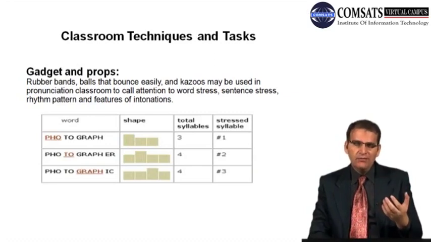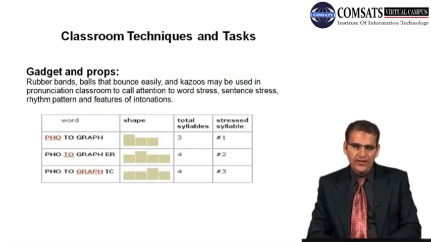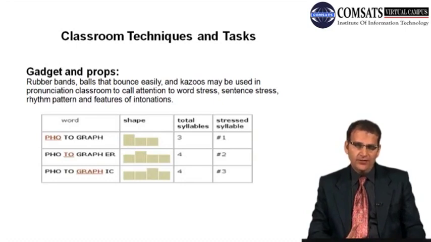Kazoos may be used in pronunciation classrooms to call attention towards stress and sentence stress, rhythm patterns, and features of intonation. You can have a look, for example, photograph. See, stress on photo, photograph, right? See, shape is there, of course, and then total syllables 3 and stress syllable 1, photograph. Second one, photography, photographer. See, there are 4 syllables, photographer, right?